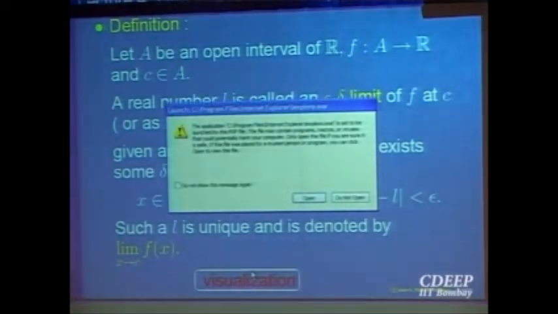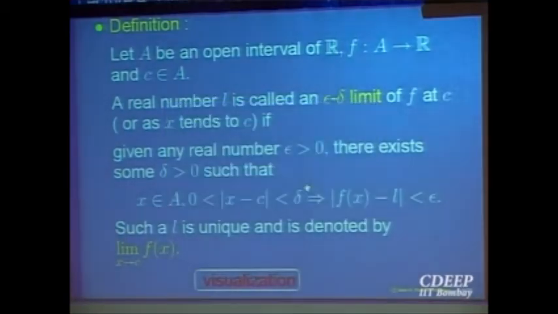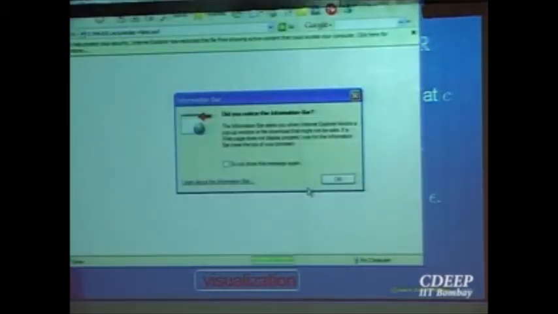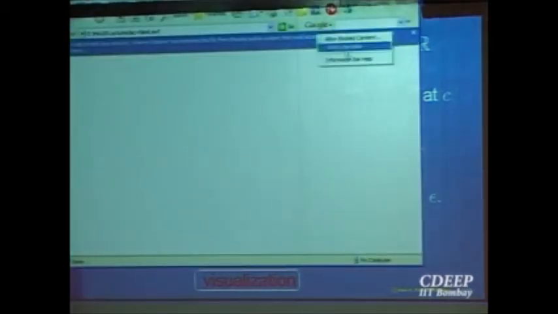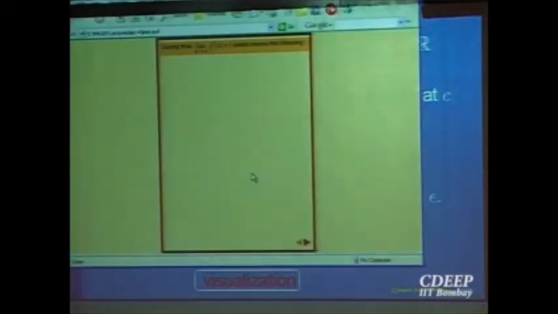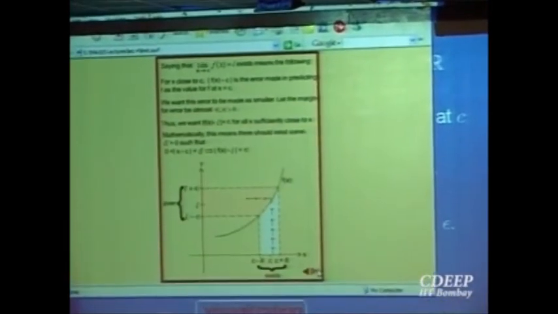If I can show you something, let me see if I can show you. I think you may not be able to read that, it is all mathematics, but hope the picture helps.